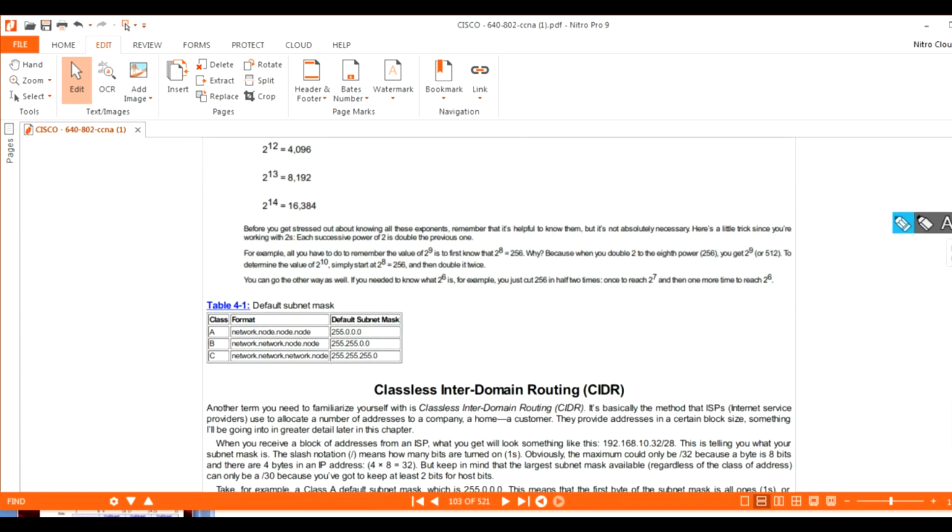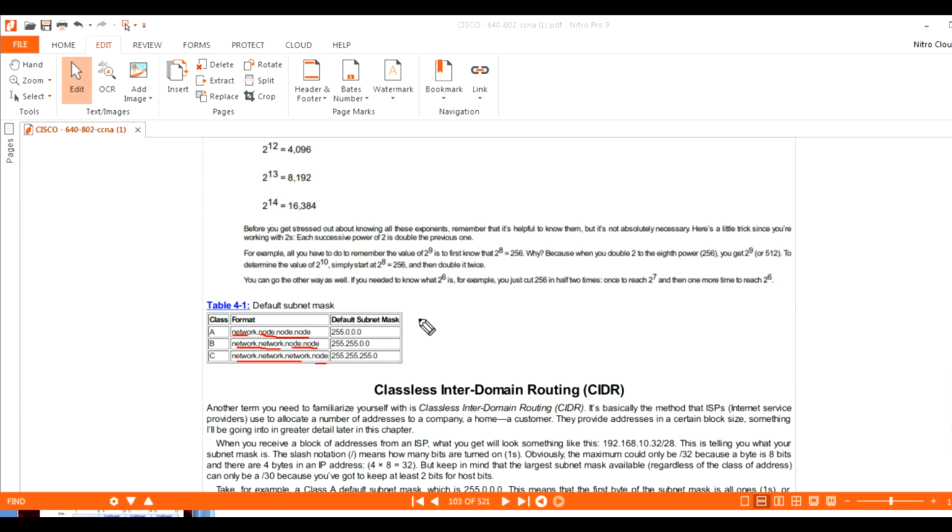In my previous class, I told you class A has 8 bits allocated for network and 24 bits for host. Class B has 16 bits for network and 16 bits for host. Class C has 24 bits for network and 8 bits for host.